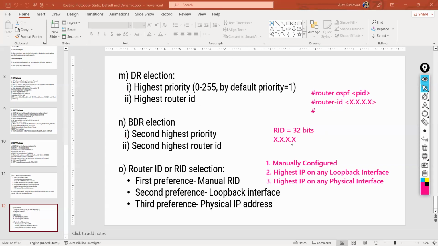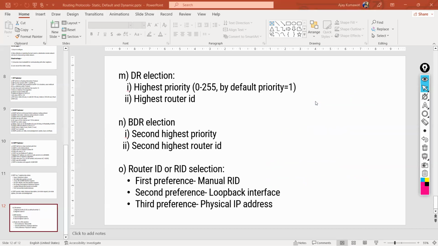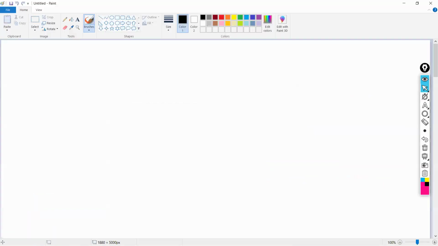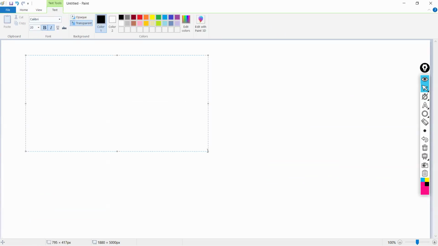This is clear? Okay. Now let's talk about how you will configure OSPF. For configuring OSPF, you'll say router OSPF, and here you will give the process ID.